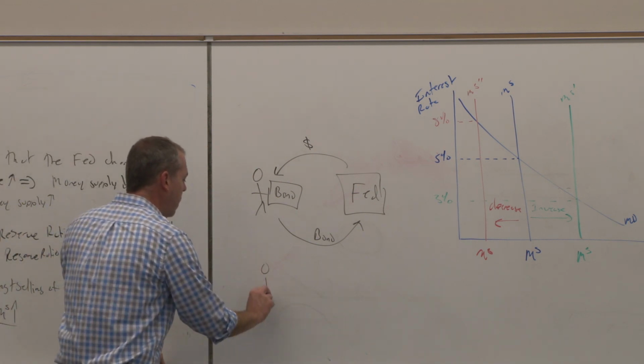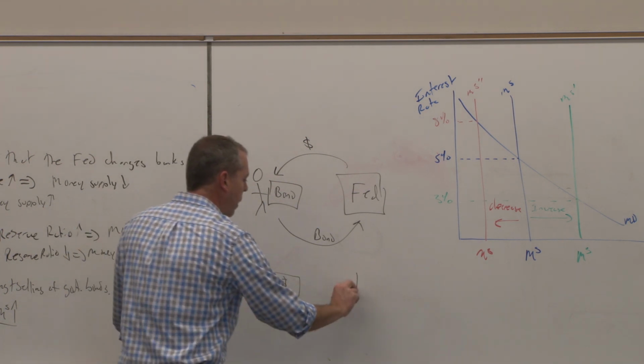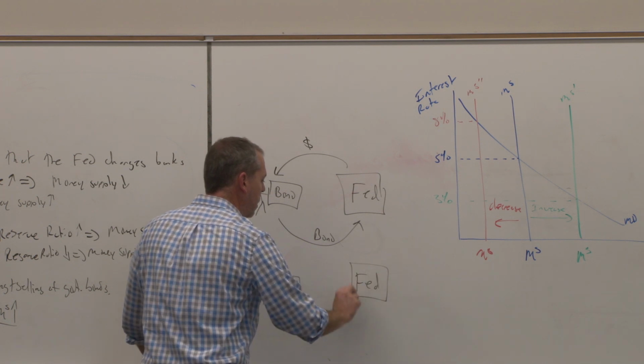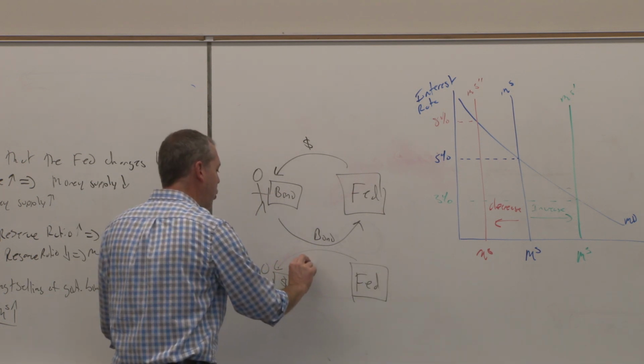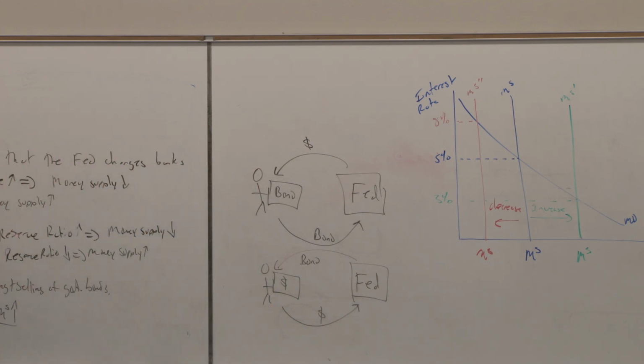On the other hand, if I've got money and they sell me bonds, well, I used to have green pieces of paper that I could take to Walmart and use to buy groceries. Now I have a piece of paper that's a U.S. savings bond. I can't take the savings bond to Walmart and get groceries with that. So if they sell bonds, the money supply goes down.